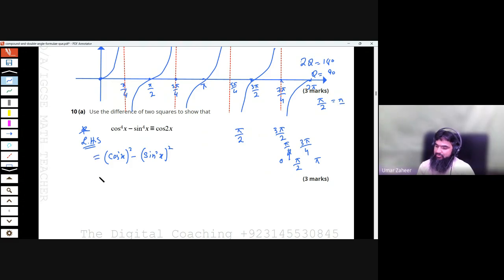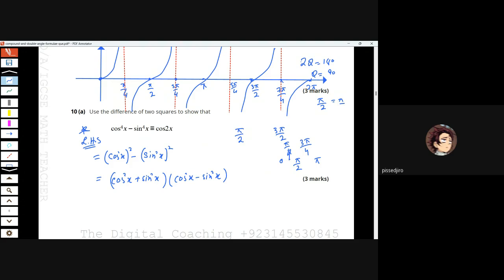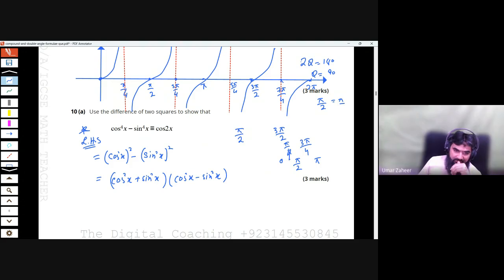Here I'm just going to use the algebra a square minus b square, which is equal to a plus b into a minus b. Yes, Simon, is it clear? Yes, Ahmed, Aisha, is it clear for you as well? Okay, sir. Clear.